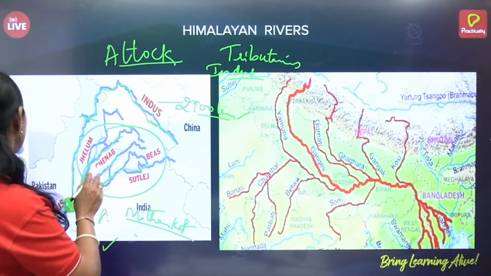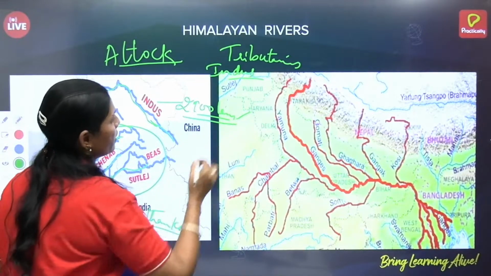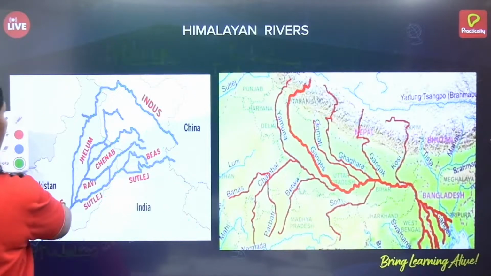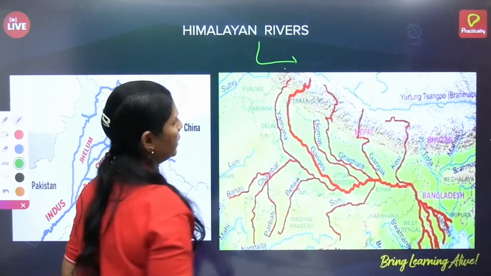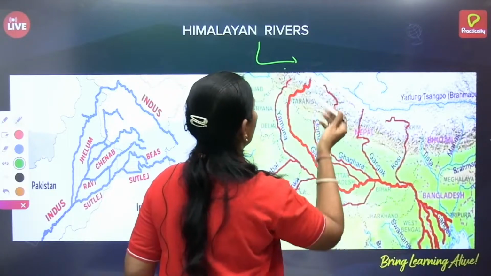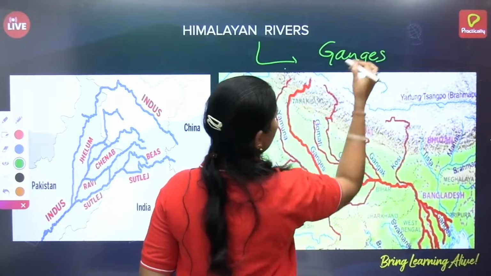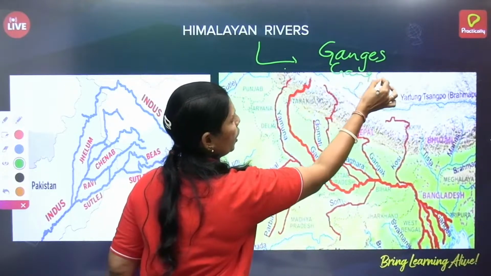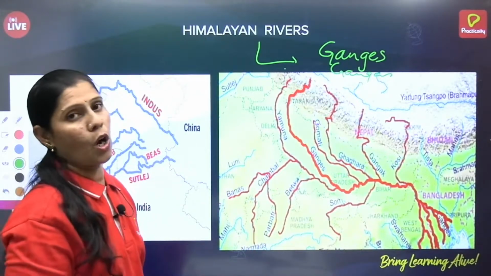Okay, so this is the first important river in India, that is the Indus. Let us have a look at the second stream, that is the Ganges. At a few places it is called Ganga.